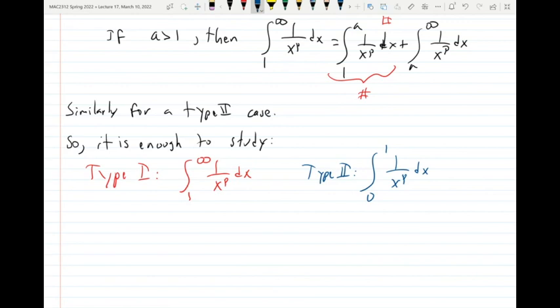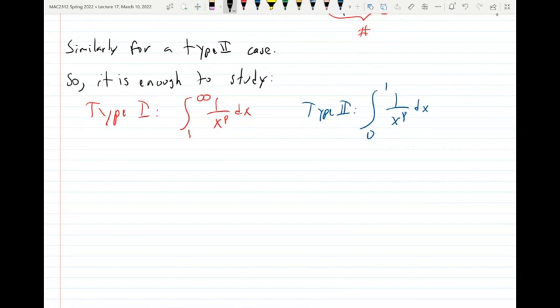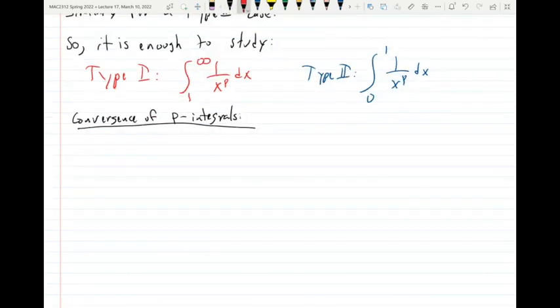And here we're looking for convergence, really. Okay, so let's go ahead and figure this out. So convergence of p integrals, and let's analyze type 1.